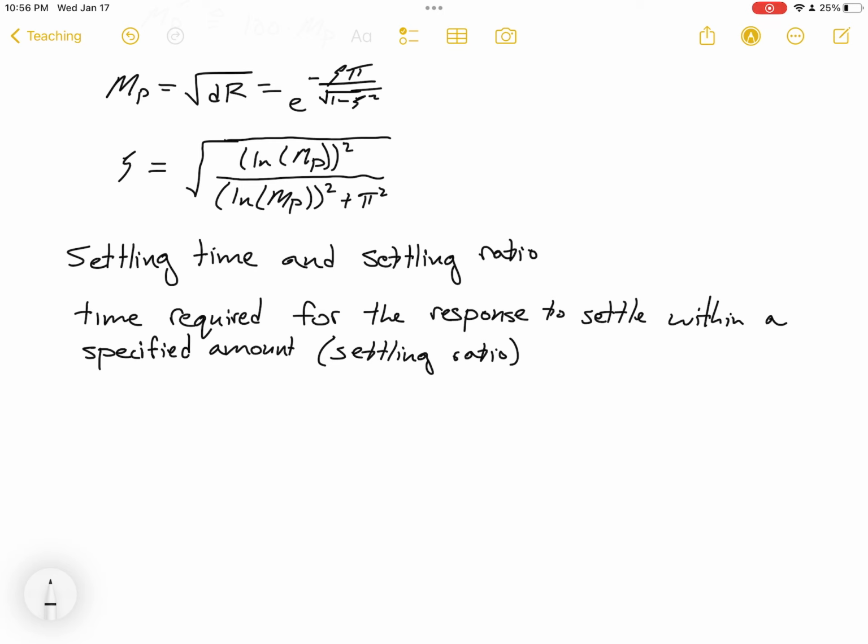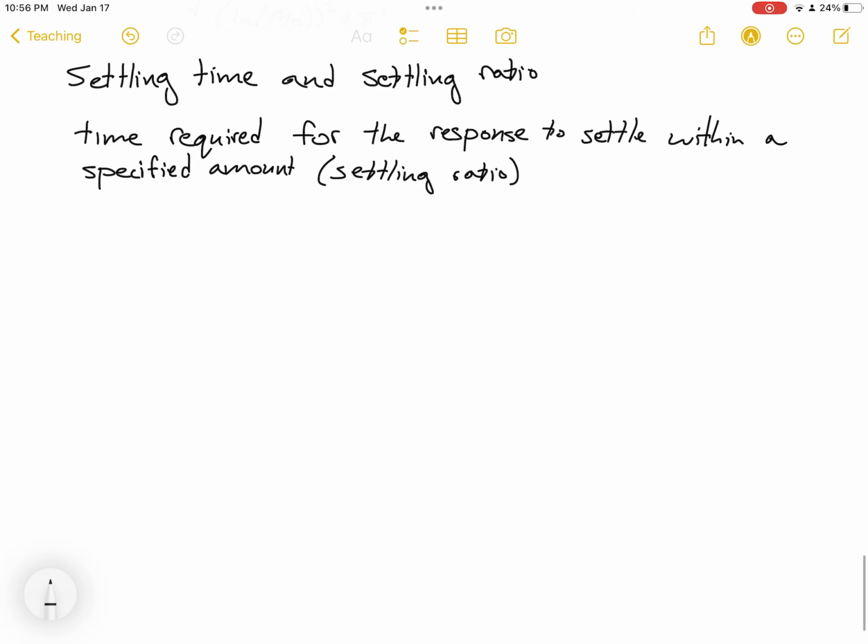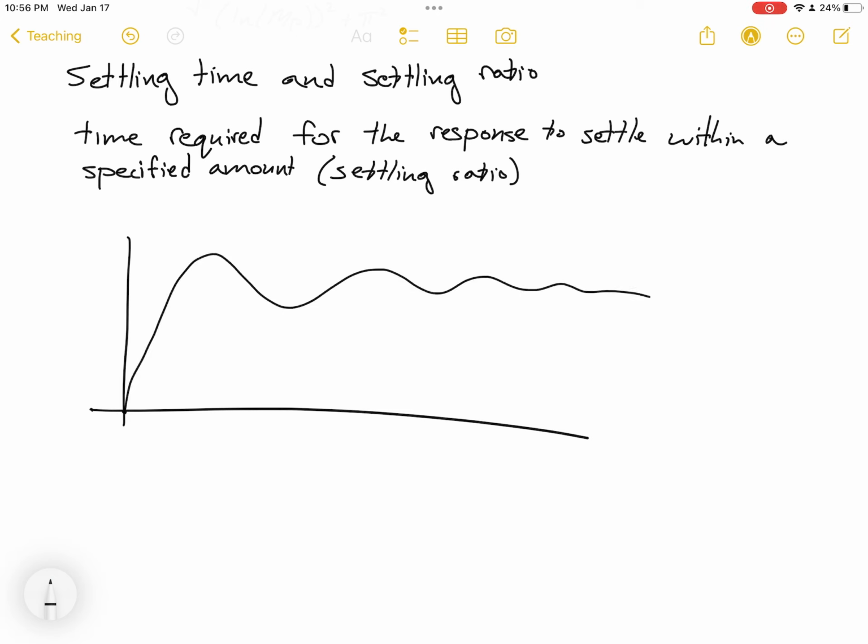But really, what you're interested in is how long before the system functionally stops moving. So if we draw another first order or second order step response here, the settling time is going to be the time it takes for the system to fall within and stay within a certain percentage of the steady state, so about 2%.